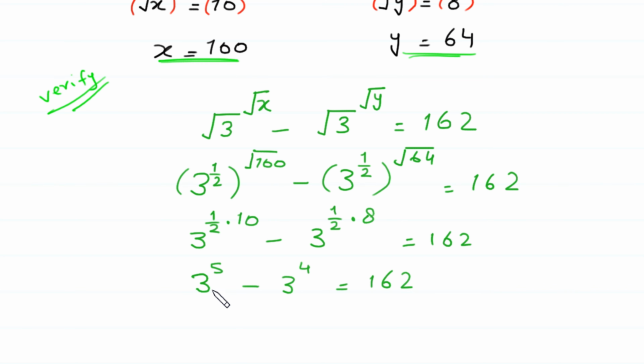And 3 to the power 5 is equal to 243 minus 3 to the power 4 is equal to 81 is equal to 162. And 243 minus 81 is equal to 162. From here you can see that left hand side is equal to the right hand side. So it is proved that the value of x 100 is correct and the value of y 64 is correct.